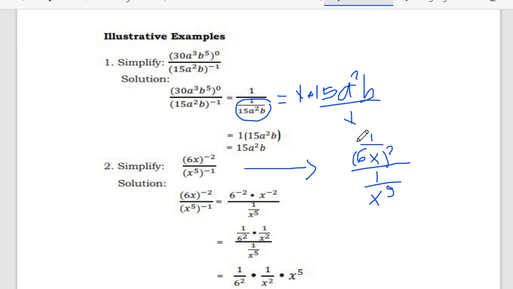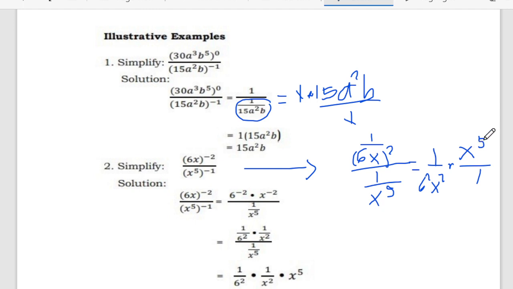So, since fraction na naman, this will become like this: 1 over 6 squared x squared times, baliktarin nyo to, magiging x raised to 5. That's really the rule in dividing fraction over 1. Get the reciprocal of the denominator. Baliktad nyo, then proceed to multiplication.